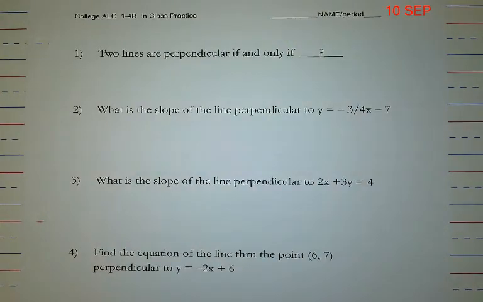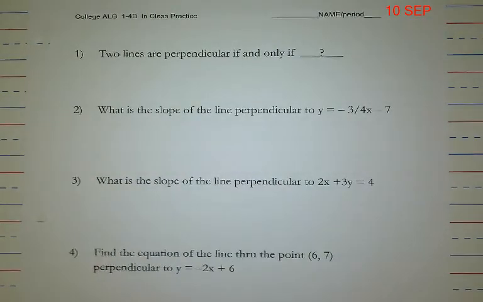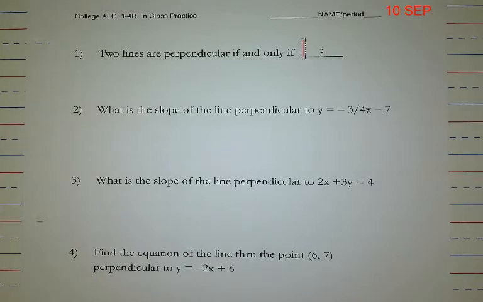Okay, it's the 10th of September still, and we're doing perpendicular lines. So, two lines are perpendicular if and only if their product is -1.